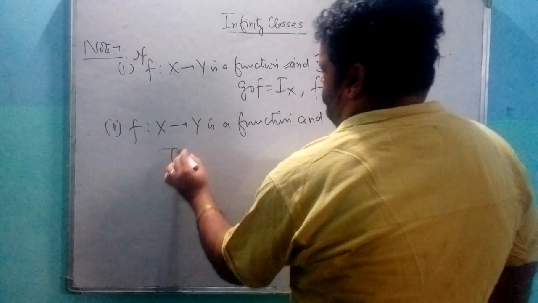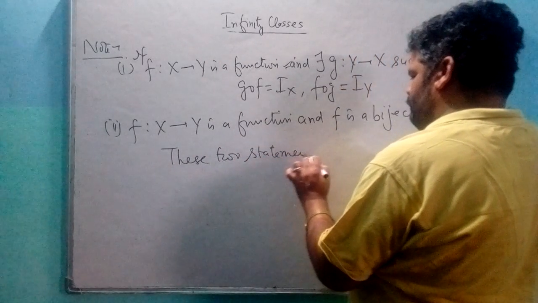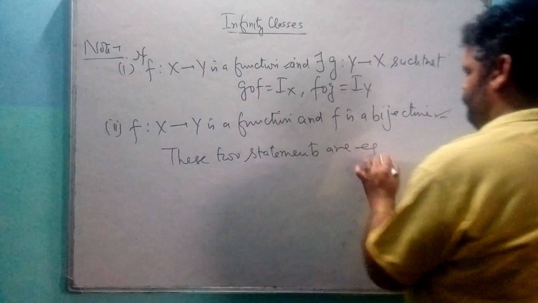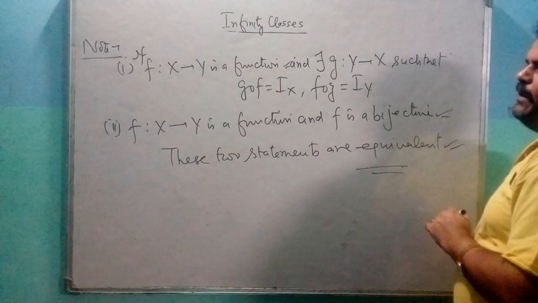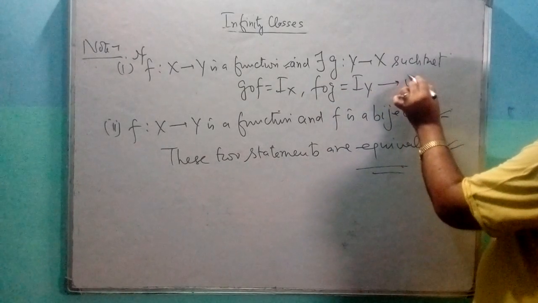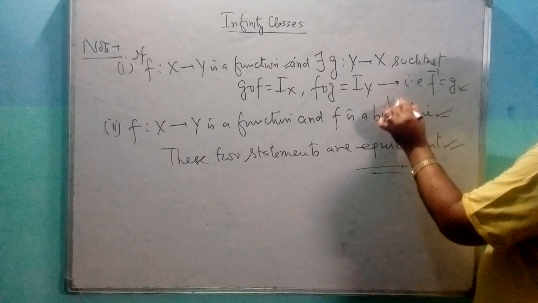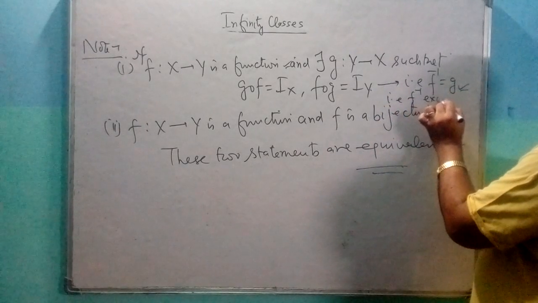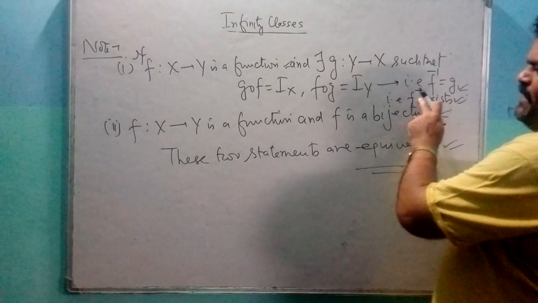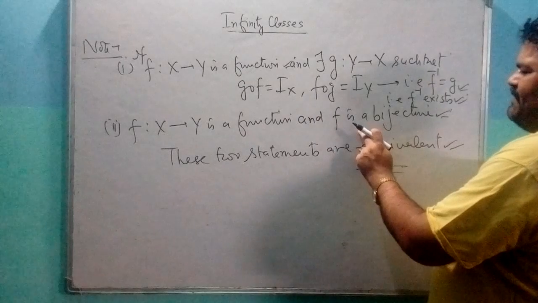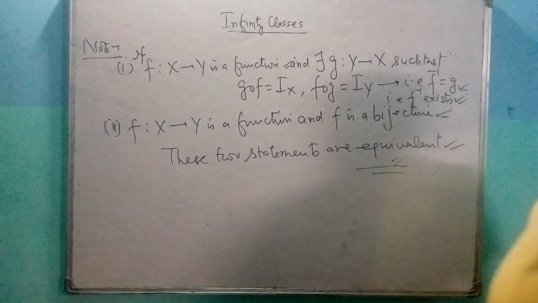These two statements are equivalent. That is, f inverse is g, that is f inverse exists. F inverse exists means f is bijective, and f bijective means f inverse exists. These two statements are equivalent.